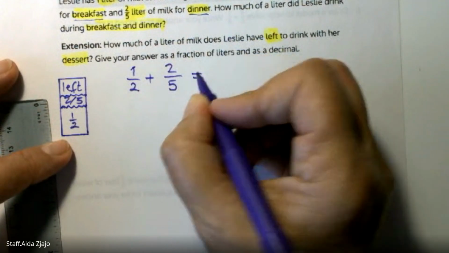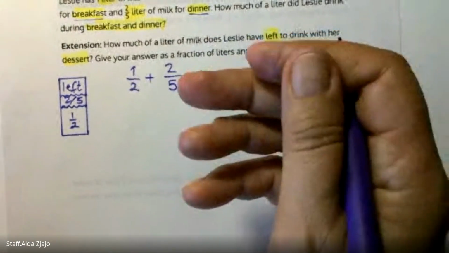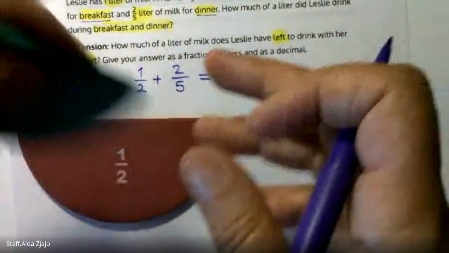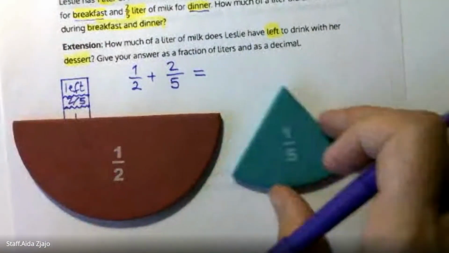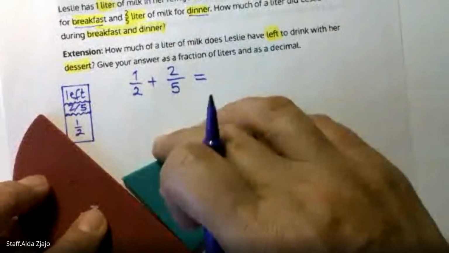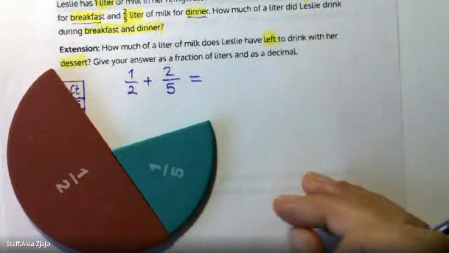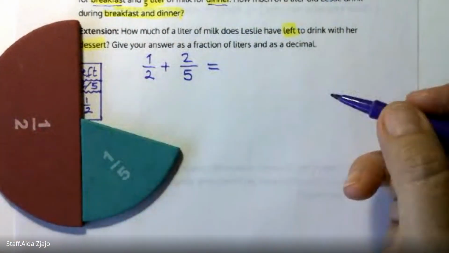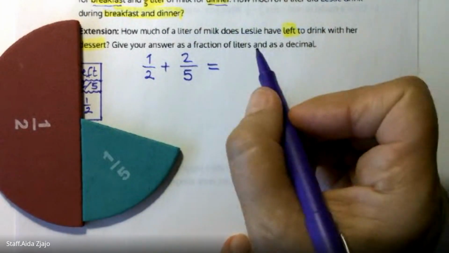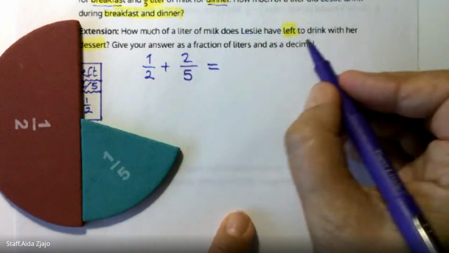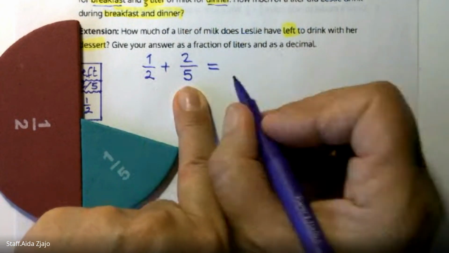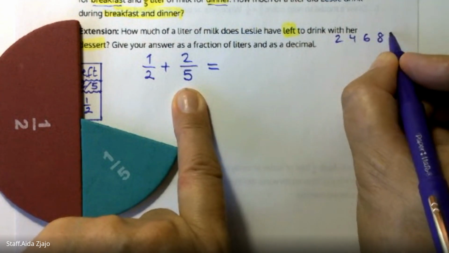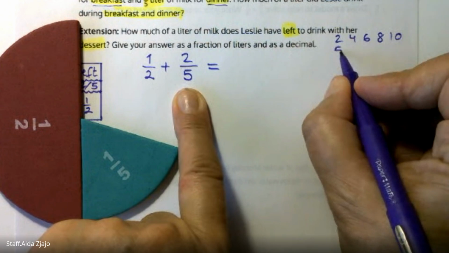Before, we were saying 1/2 is this and 1/5 is this. When I put them together, I don't know what the total is. So I have to change the half and the fifths into equivalent pieces. 2, 4, 6, 8, 10; 5, 10.